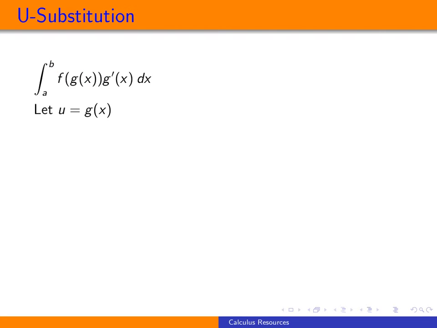So we let U be g of x, that's our inside function, and then we need to account for the fact that our original integral is with respect to x. So we're going to take the differentials of both sides of that expression, U equals g of x.